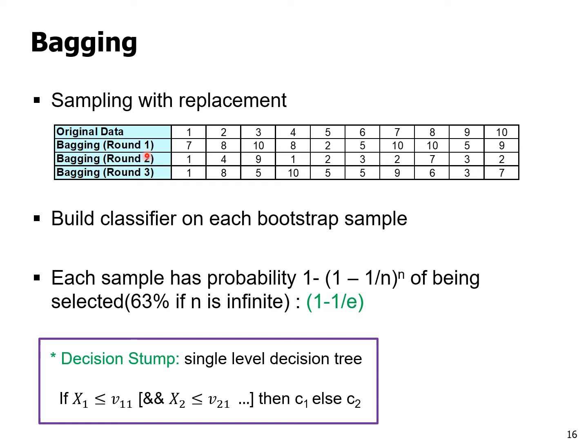In this example, we have 3 samples. Then for each sample, for each training data here, you're going to build a classifier. You can choose any classification algorithm you want. You can use decision tree or neural net or instance-based learning or deep learning, whatever.